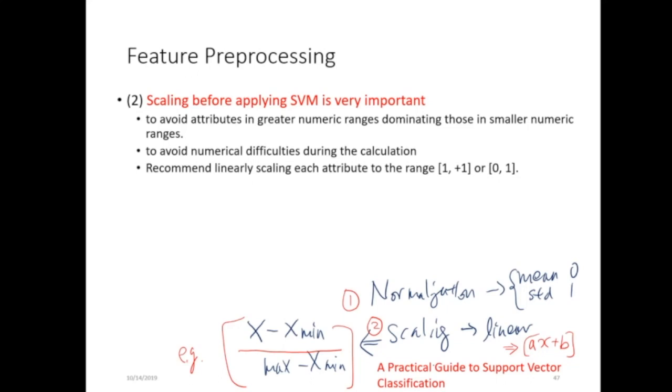So that's why you want to either normalize or scale your data. There are different strategies. Normalization normally pushes all the features to 0 mean and variance 1, while scaling just pushes the features to be bounded from 0 to 1. And this is the classic equation to scale your data.